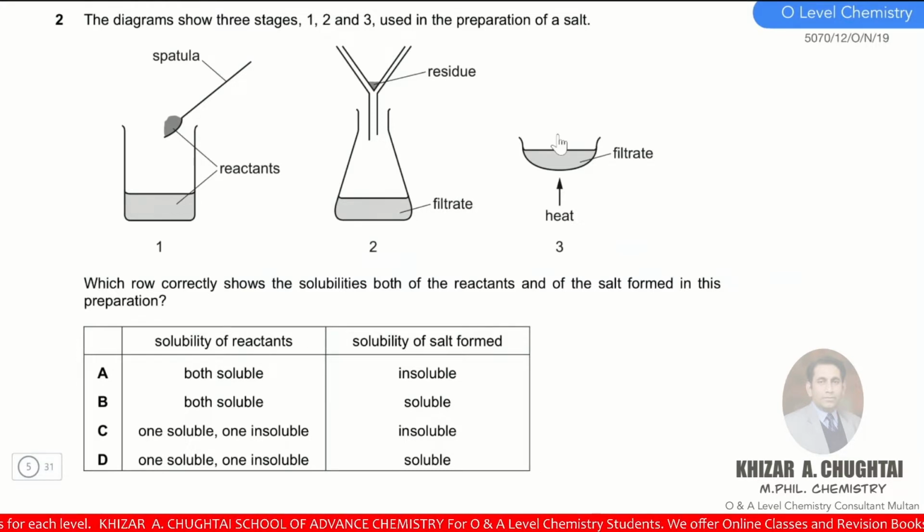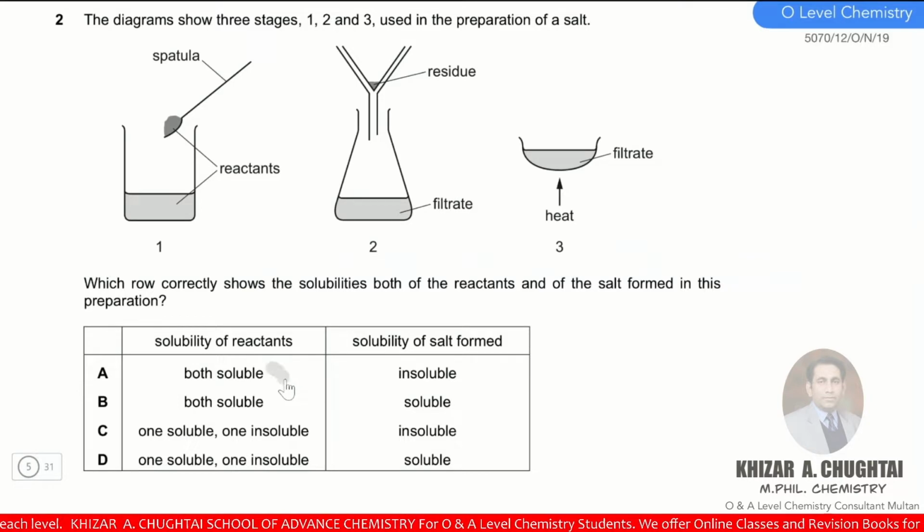Which row correctly describes the solubilities of both the reactant and the salt formed in this preparation? First of all, we dissolve the whole mixture, and some components were insoluble and another was soluble. So option 1, both are soluble?